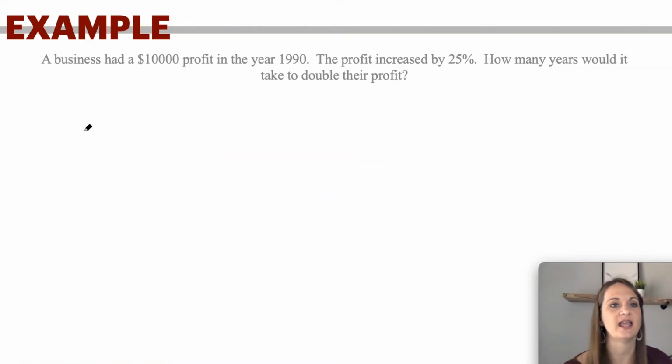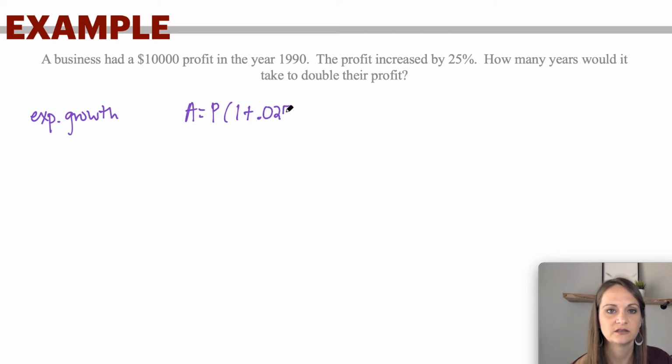Next, a business has a $10,000 profit in the year 1990, and the profits increased by 25%. This is just a simple exponential growth, which is going to be your initial times 1 plus R to the T. Now, we know 10,000, we want to know when it doubles.